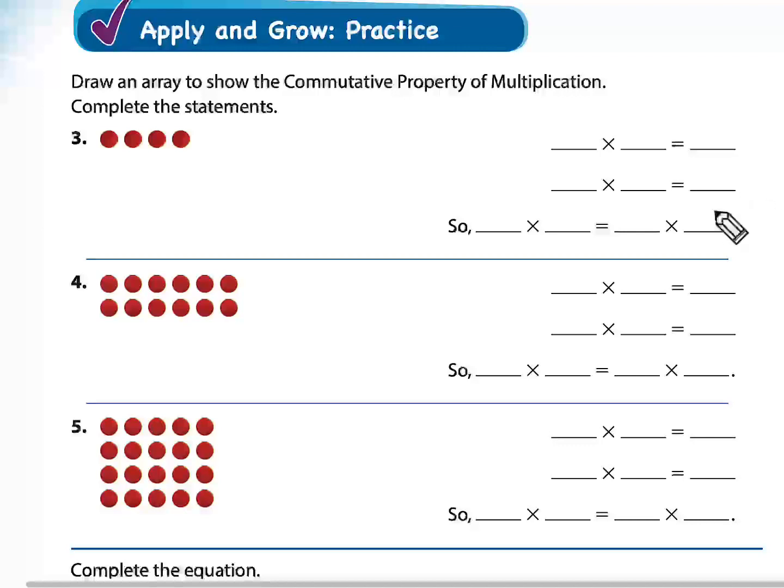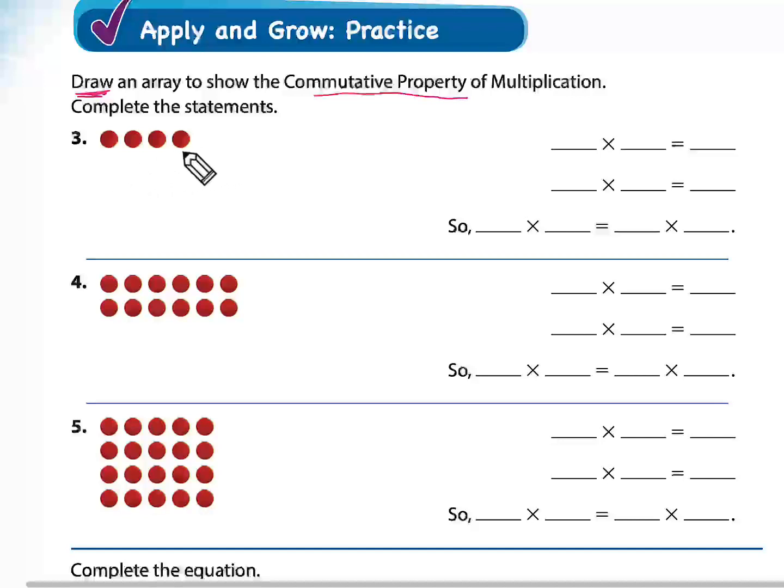Okay, in this page we need to draw an array to show the commutative property of multiplication and complete the statements. Hassan Isa. Okay, so we have here this array.